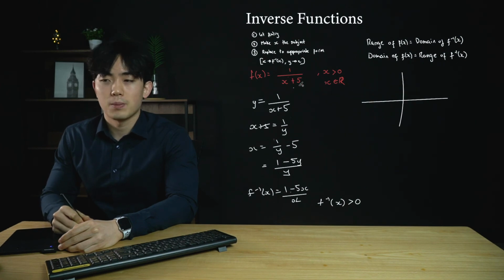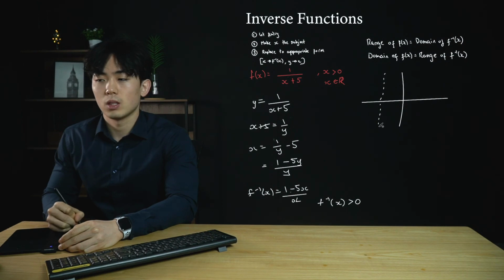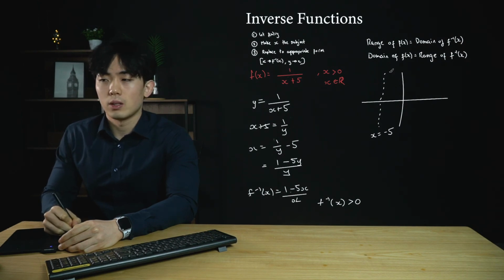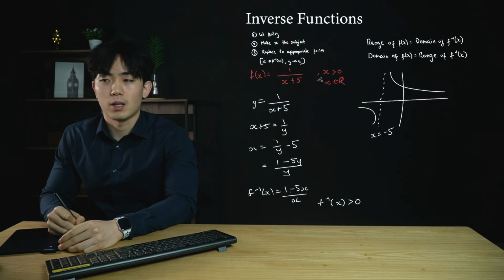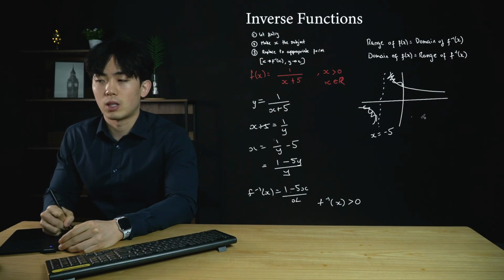We know that the asymptote is at x is equal to -5, so it will look something like this. But we are given a certain domain, aren't we? x being bigger than 0. So we don't technically need this portion of the graph here. We're only looking at this portion of the graph.